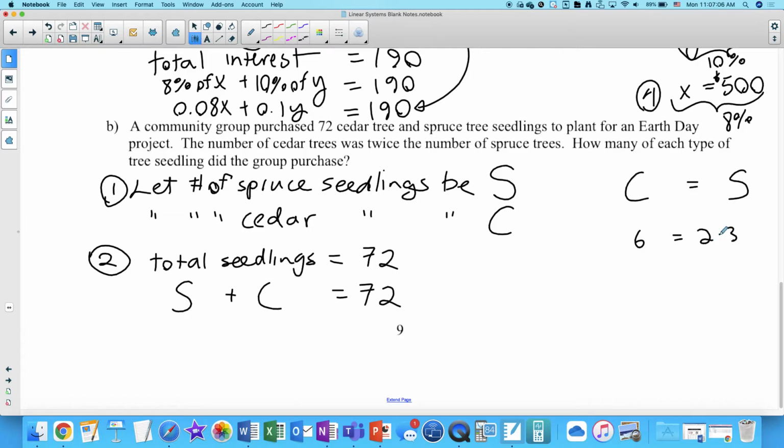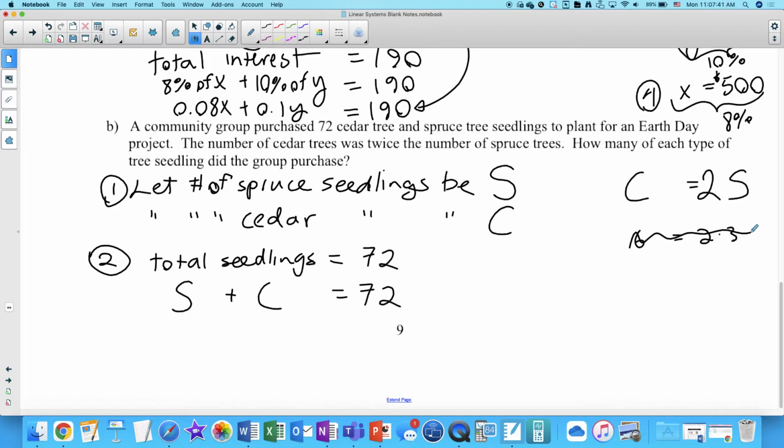And that trick usually works every single time, because sometimes the word twice or half or 3 times is closer to the variable where you actually have to double the other one or triple the other one or half the other one kind of thing. Okay, so I always tell people, if you're unsure, just do this sort of thing. What would you have to double to make them equal? And the easiest way to figure that out is just to plug in a number and work with an actual number. Yeah, so this has to be a 2.